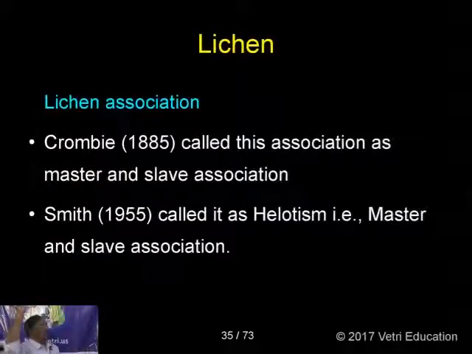But Crombie called this association a master and slave association, and Smith also called it helotism. Helotism, that is master and slave association, because the algal cells are arrested at the center and surrounded by the fungal hyphae, so that the fungal hyphae are just controlling the algal cells.